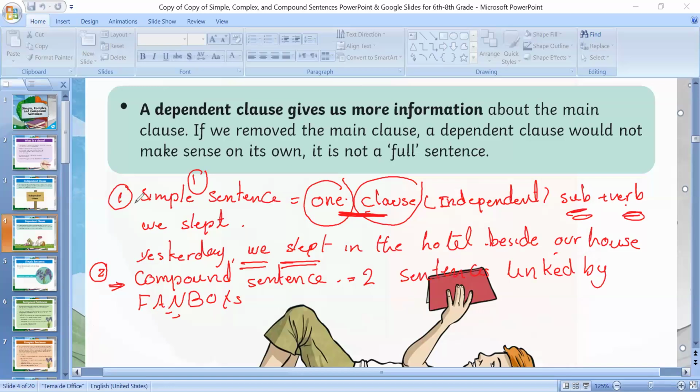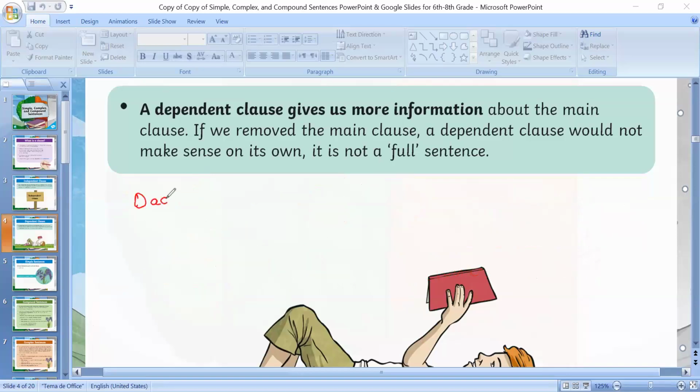Let's read this example. Dad came late, comma, but mom came earlier. Okay, where is the fanboys here? But.